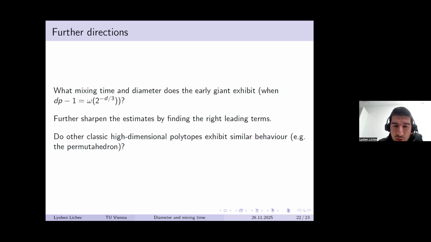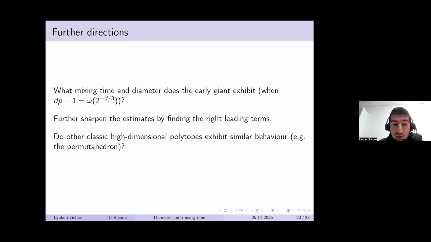And one interesting direction would be to say, okay, the hypercube is a high-dimensional graph, so can we do something similar for other high-dimensional graphs? For example, in recent years, people were quite interested in the so-called permutahedron, which is obtained as the convex hull of the set of permutations on n elements in dimension n squared.